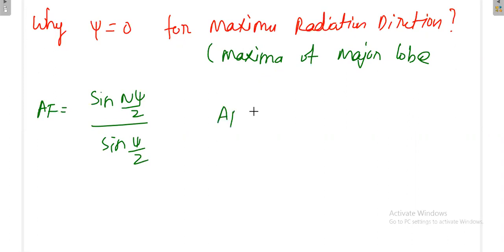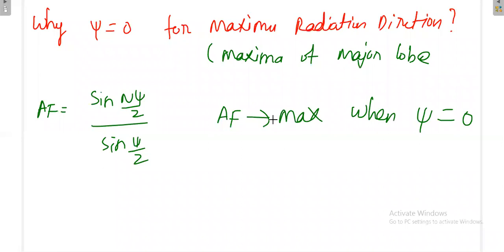Then in some cases, say my numerator is maximum. Except psi equal to 0, I can take some other value such that my numerator is maximum. Instead of 0, I can choose psi in such a way that the numerator is maximum.